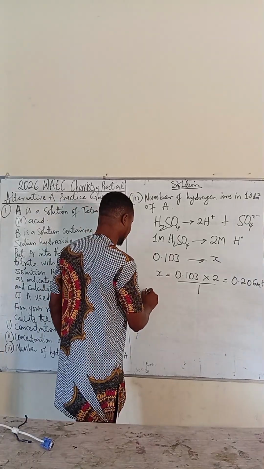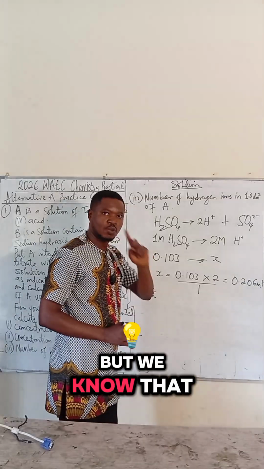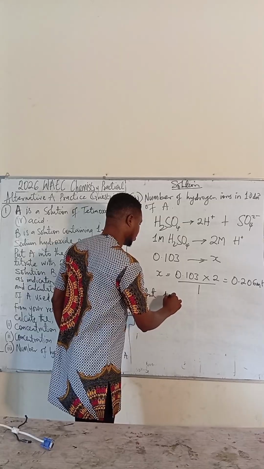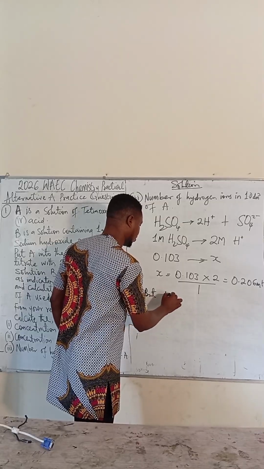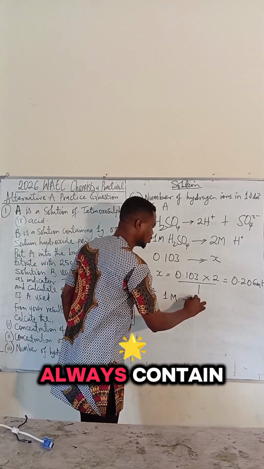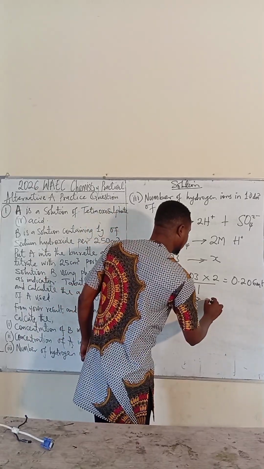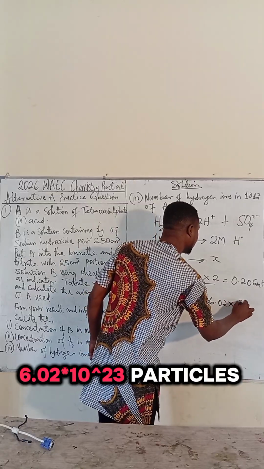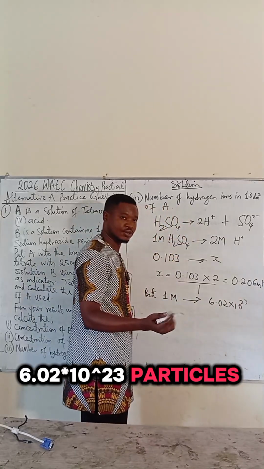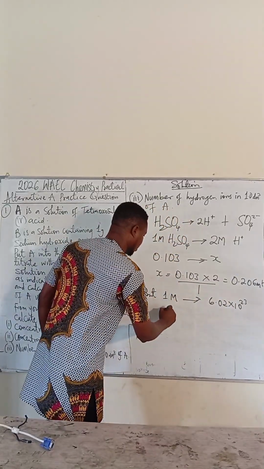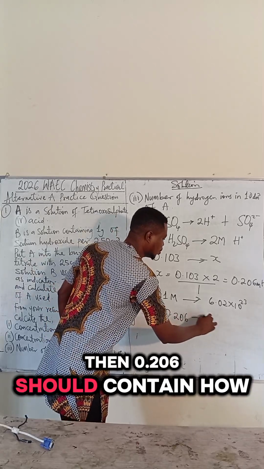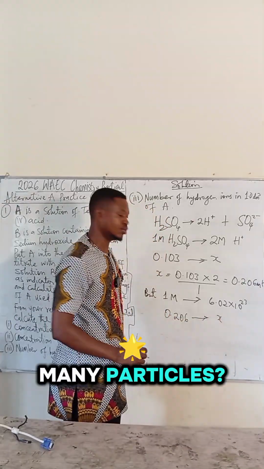Next, but we know that 1 mole of a substance always contains 6.02 times 10 raised to the power 23 particles. Then 0.206 should contain how many particles?